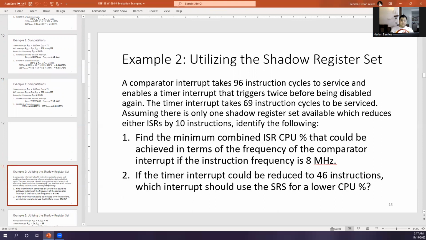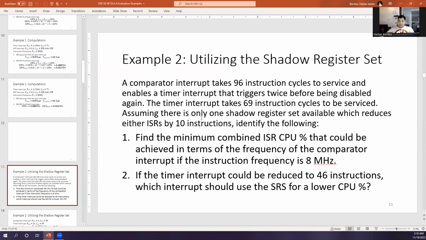So, next example, where we want to incorporate the use of a shadow register set. We have a comparator interrupt that takes 96 instruction cycles and enables a timer interrupt that triggers twice before being disabled again. So every time the comparator triggers, the timer triggers twice. The timer has 69 instruction cycles for its ISR.